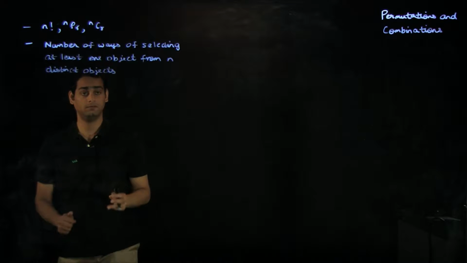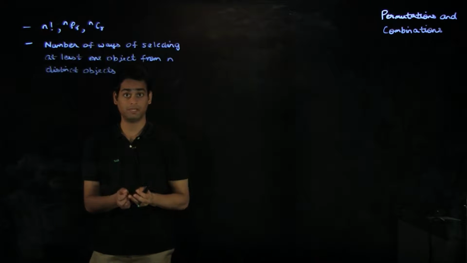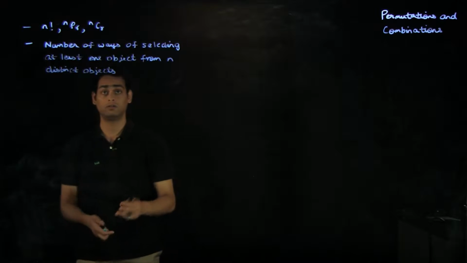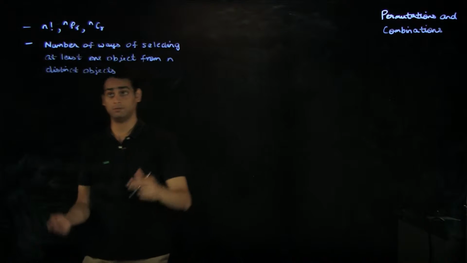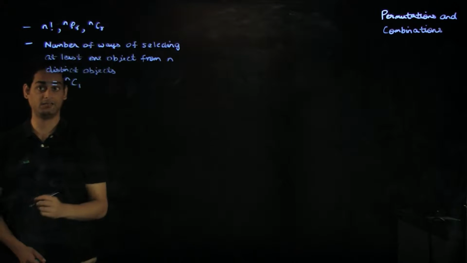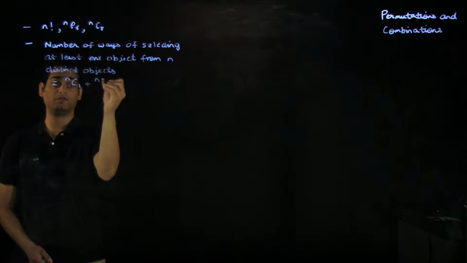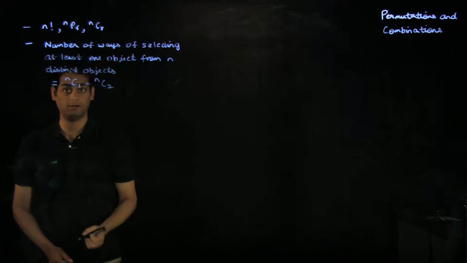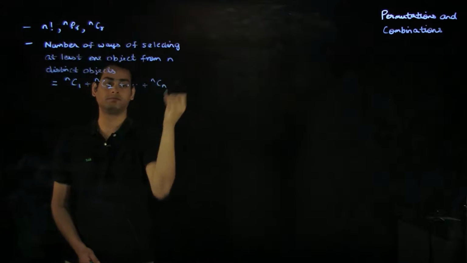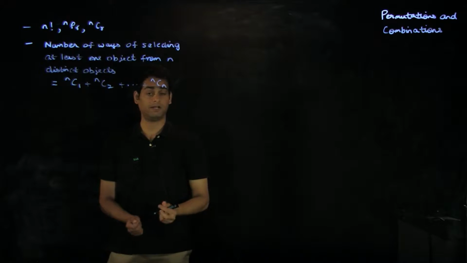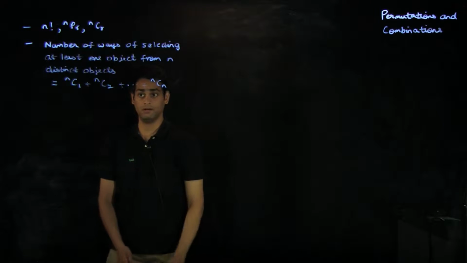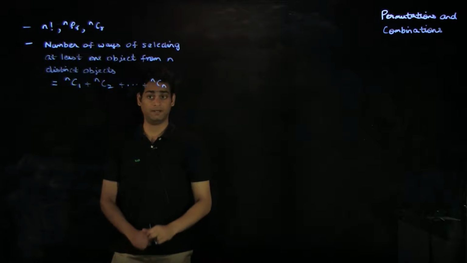So instead of just selecting a specific number of objects from n distinct objects, we are concerned with the number of ways of selecting at least one object. So the total number of ways of selecting at least one object is the number of ways of selecting exactly one object from n distinct objects, which is nC1, plus the number of ways of selecting exactly two objects from n distinct objects, which is nC2, and so on till nCn. So this is the number of ways of selecting at least one object, where at least one is enforced here, where you can't select 0 objects from n distinct objects.